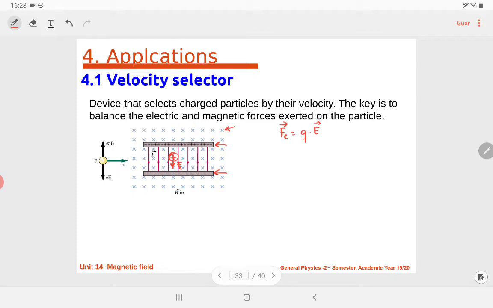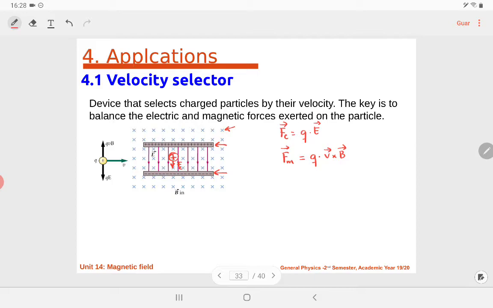On the other hand, we can also calculate the magnetic force. If you remember, this is equal to the charge times the cross product between the velocity and the magnetic field. To derive this force in this case, we have to use the right hand rule.